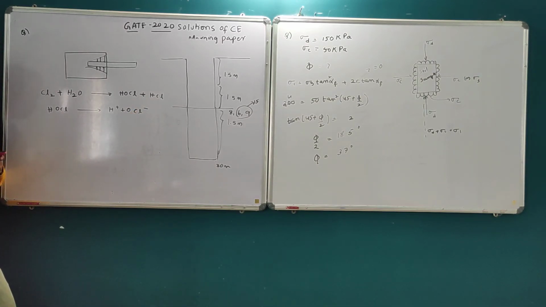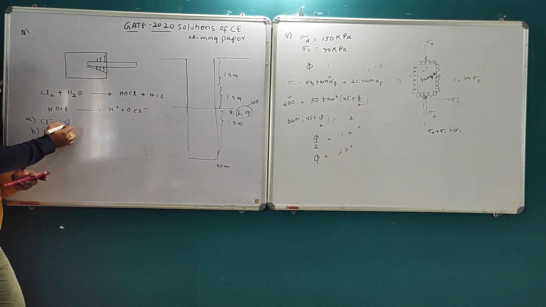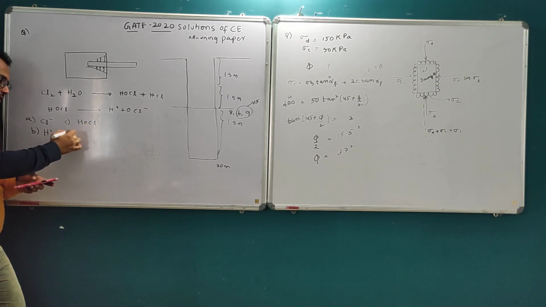Okay, now what is this question asking? The most active disinfectant in the chlorination process. He has given 4 options. Option A is Cl minus, option B is H plus, option C is HOCl, option D is H2O.